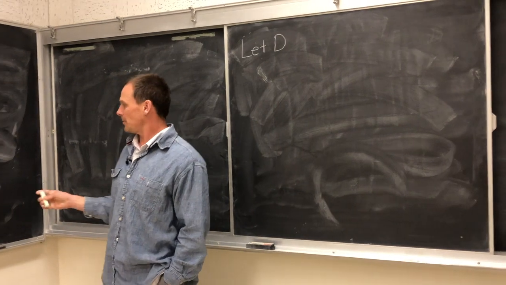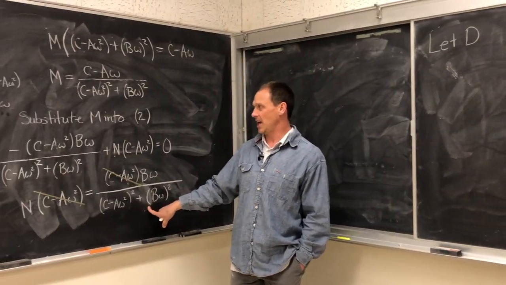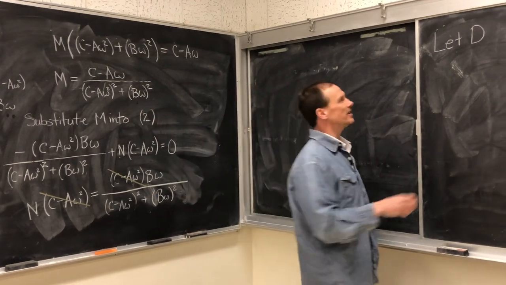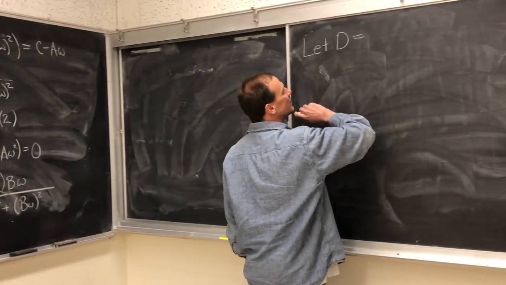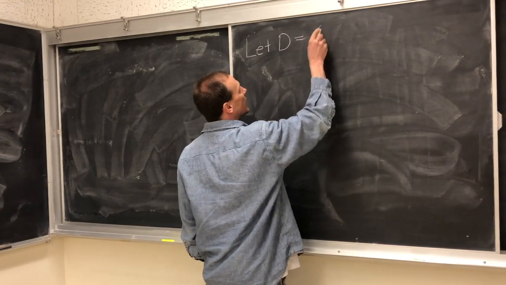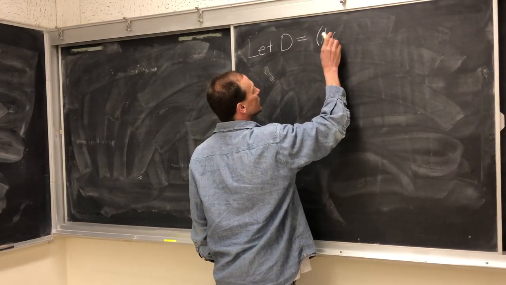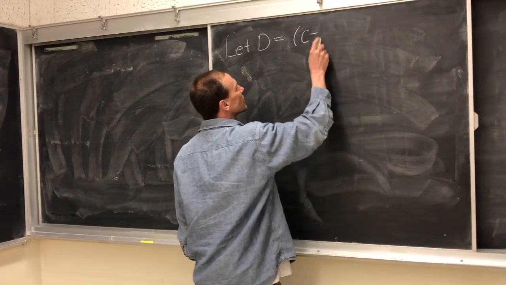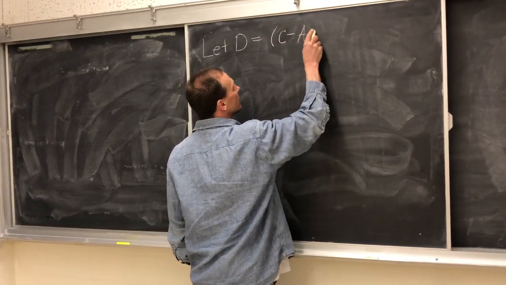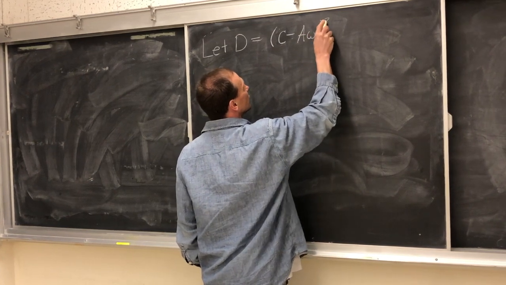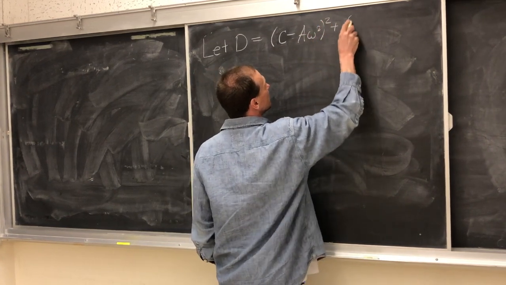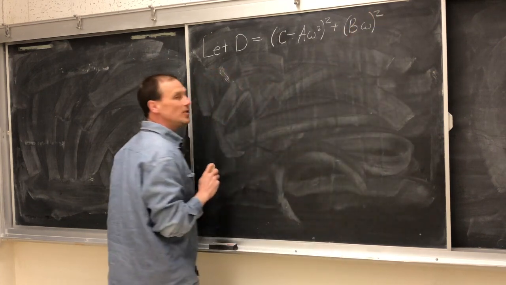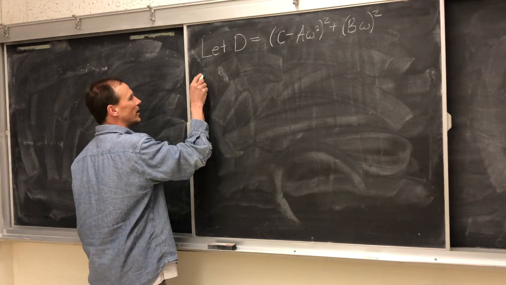And notice here, the denominator in both N and M are the same. So let's let D equal (C minus A omega squared) plus (B omega) squared. If we do that, watch how nicely these work out.